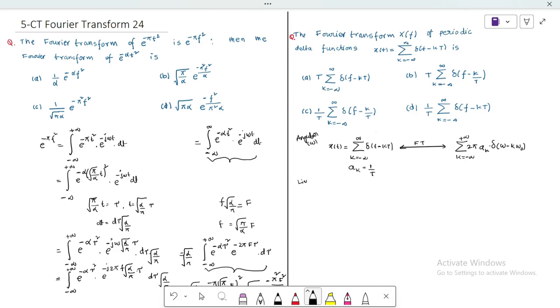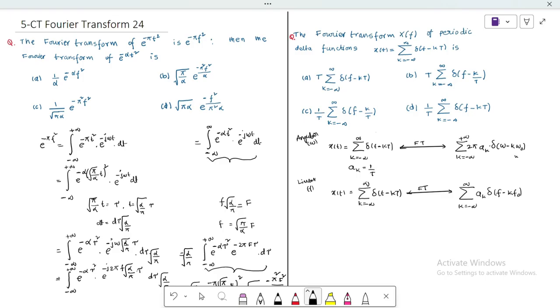For linear, the formula: x of t equal to sigma delta of t minus k T, k equal to minus infinity to plus infinity, its Fourier transform equals sigma k equal to minus infinity to plus infinity, a_k into delta of f minus k f naught.